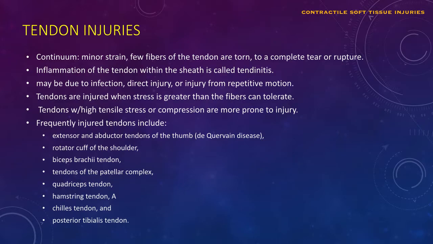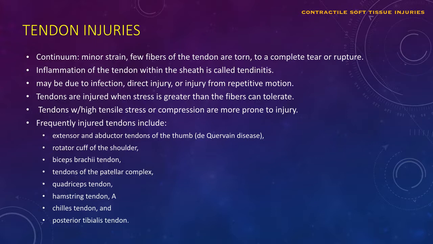Lastly, well, might not be quite lastly, we have a few more after this, tendon injuries. And these are anywhere from minor to complete tears and ruptures, just like we would have for a ligament. Anytime there's inflammation in the tendon, we're going to call it a tendinitis. Some tendinitises are due to repetitive use injuries or traumas. Some of them are actually due to infection.